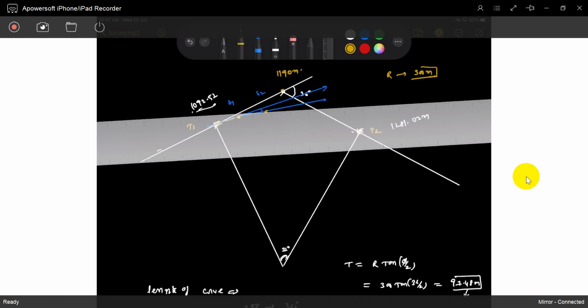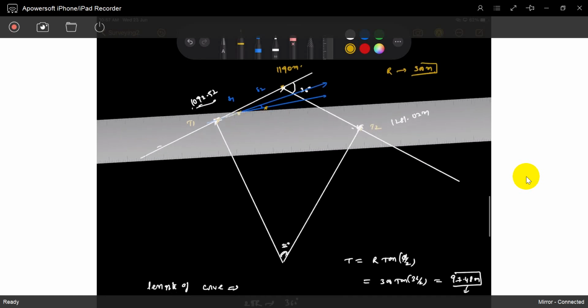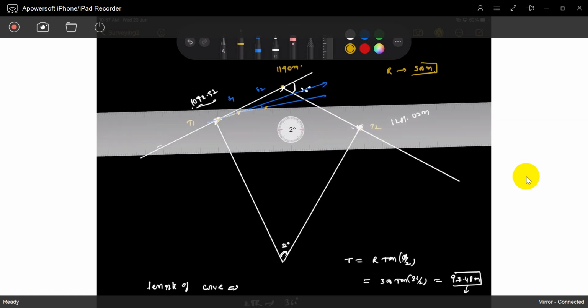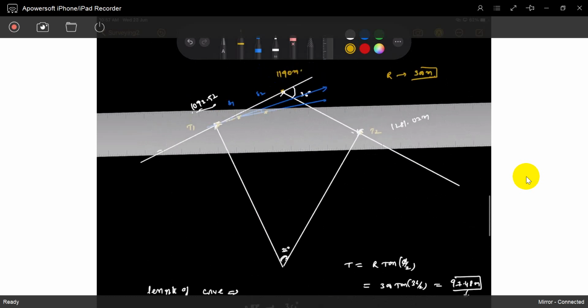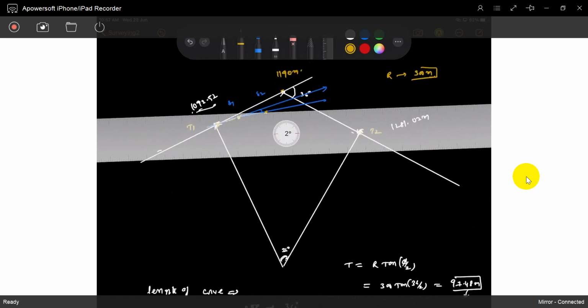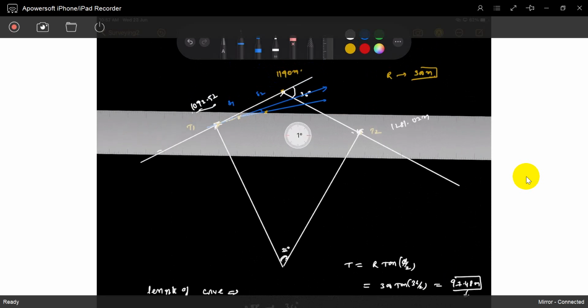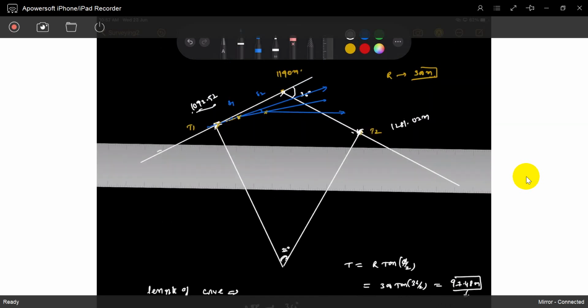Next, once again 2 degrees up to delta 6. Take the chain length for each.